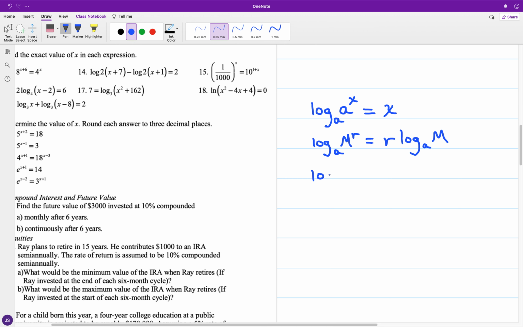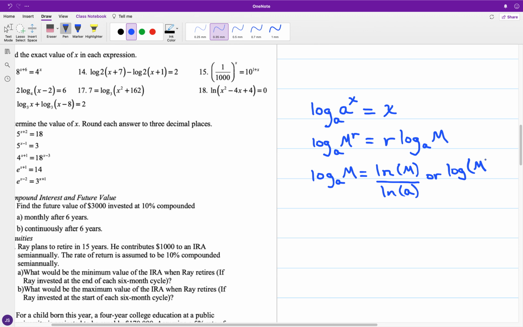And also we have the change of base formula. So the base a logarithm of m can be written as a ratio of natural logarithms, or as a ratio of base 10 logarithms if you were to solve using the calculator.